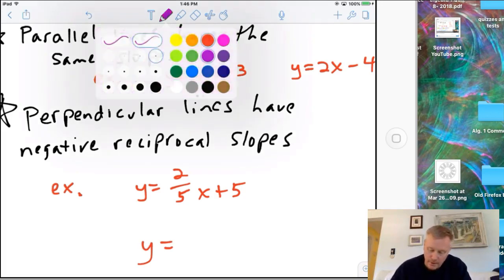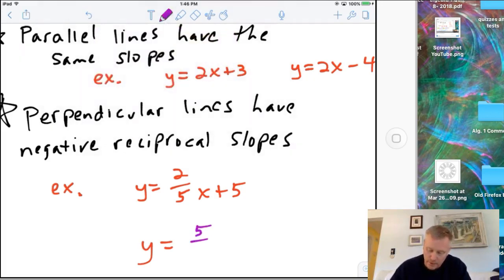The y-intercept does not matter, but I'm going to flip it upside down, so that becomes 5/2. It was positive up here, so it's going to be negative down here. The y-intercept can be anything you want. It really doesn't matter. I'm going to say it's -3, just so you see it doesn't have to be the same, plus 5, okay? So those would be an example of perpendicular lines.